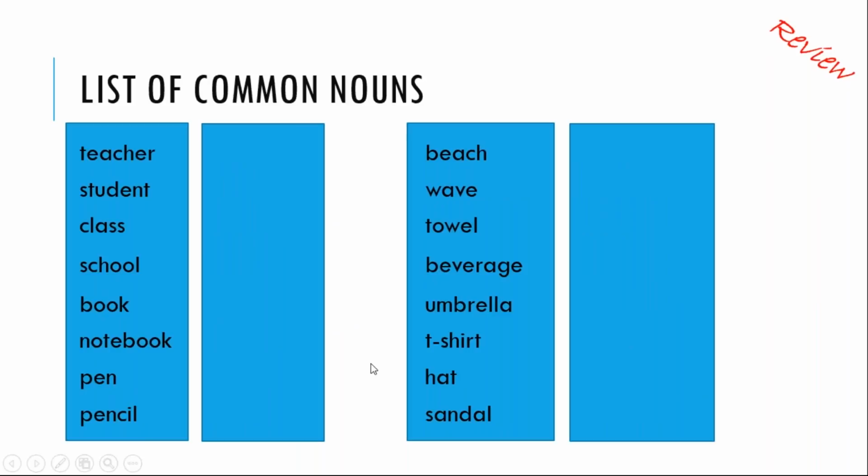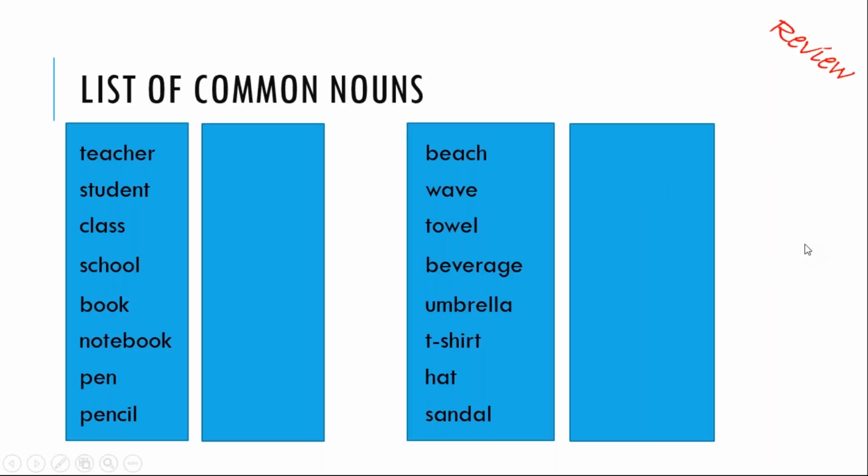Next page, we have teacher, student, class, school, book, notebook, pen, pencil, beach, wave, towel, beverage, umbrella, t-shirt, hat, and sandal.